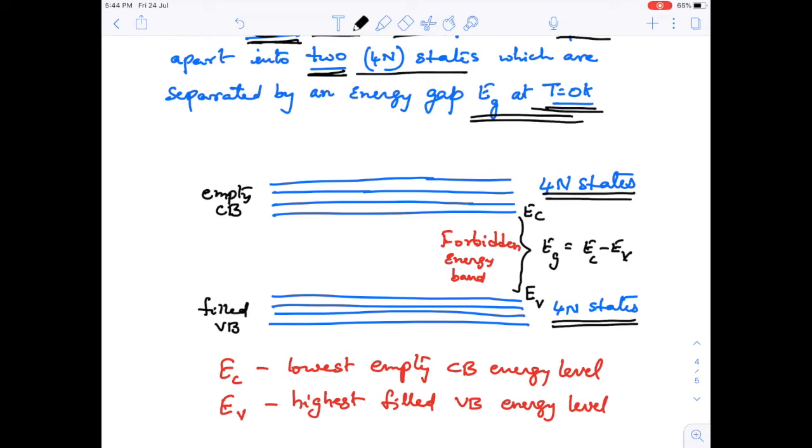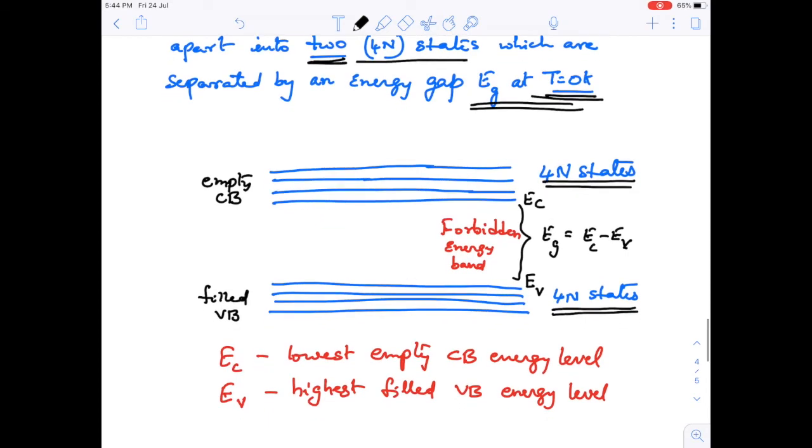Now what are EC and EV? EC is the lowest empty conduction band energy level. EV is the highest filled valence band energy level. The difference between these two, the lowest conduction band energy level and the highest valence band energy level, is what we call the energy gap or band gap, also known as the forbidden energy band.